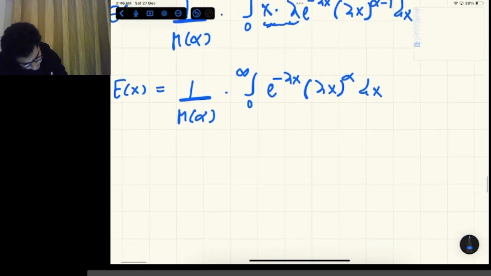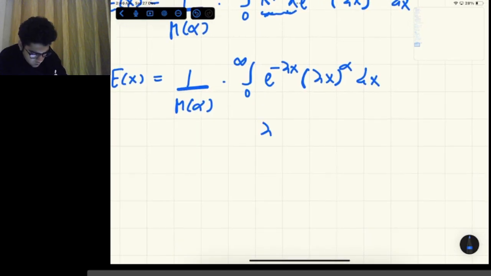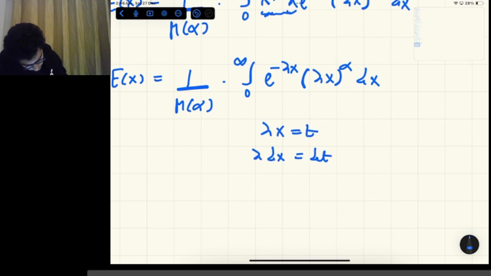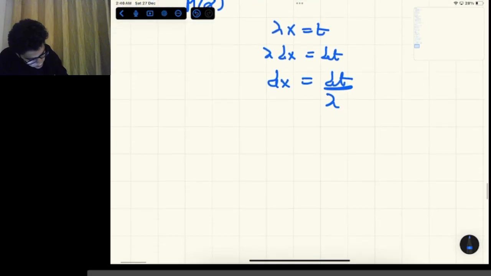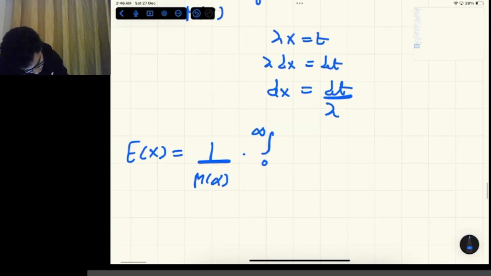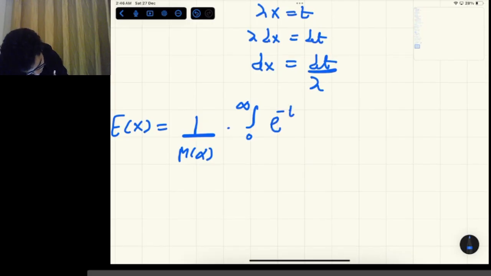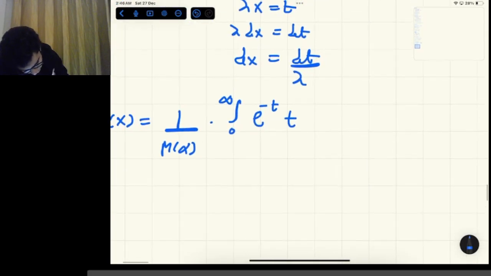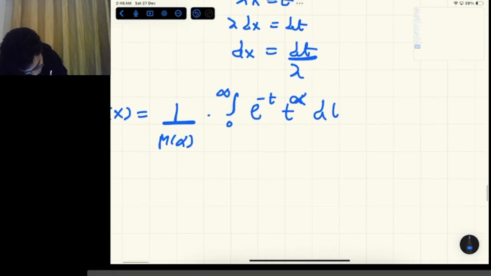If I write lambda x is equal to t, I'll be getting lambda dx is equal to dt, so dx is equal to dt by lambda. And this becomes E(x) as 1 upon gamma alpha into the integral from 0 to infinity of e to the power minus t, t to the power alpha, dt by lambda.